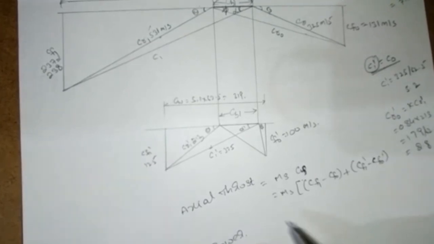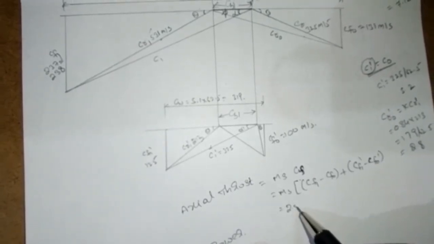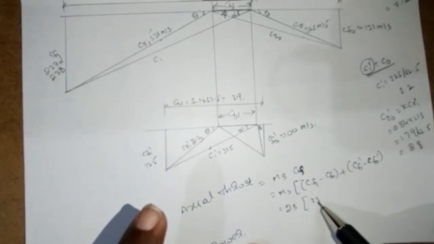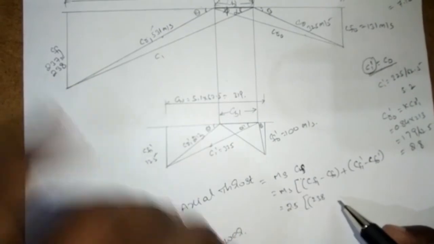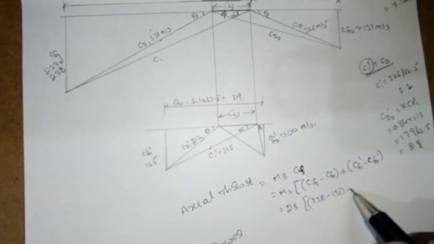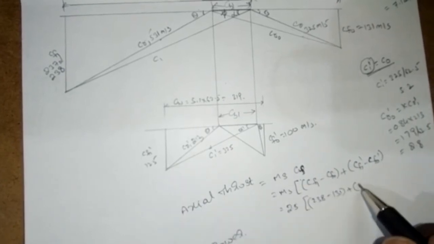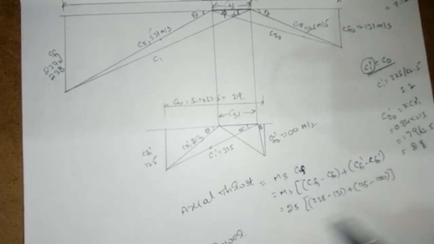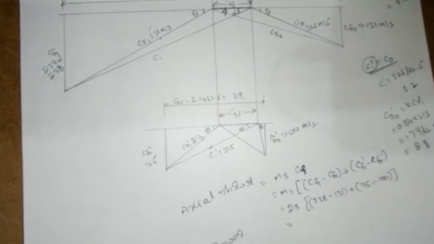Here ms is 2.5 into CF1, 238. Here this is the value. CF0 131 plus CF1 dash 125, CF0 dash 100, equal to around 555 newtons.